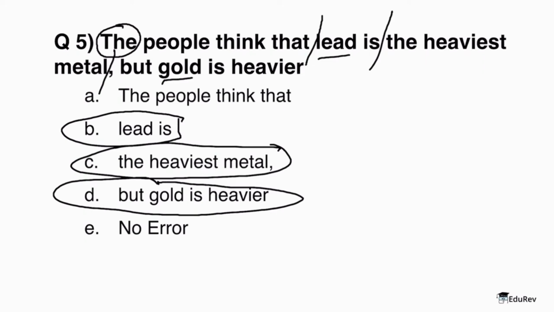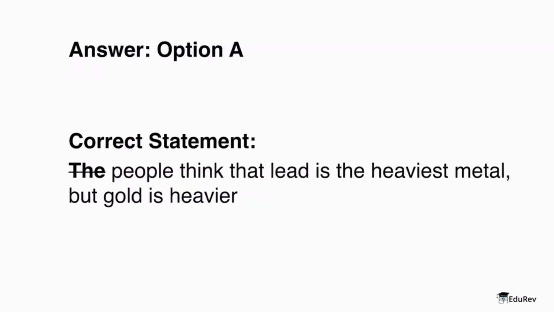We only put the article before them when we are talking about them in specifics. So here the correct sentence would be, people think that lead is the heaviest metal, but gold is heavier. So the correct answer here would be option A. Let's have a look at it. So as you can see, the correct answer is option A, and the correct statement is, people think that lead is the heaviest metal, but gold is heavier.